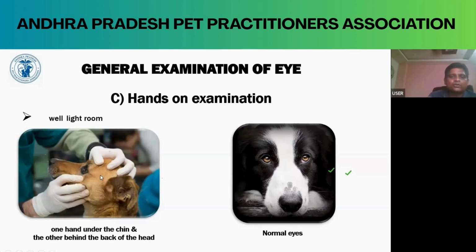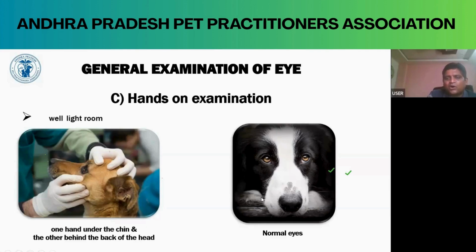Like this, you have to hold the head. Here examine the eyelashes as well as the conjunctiva, and lift the upper eyelid and observe the upper fornix, the upper conjunctiva, or the scleral area. At the same time, you have to do the same for the lower eyelid.